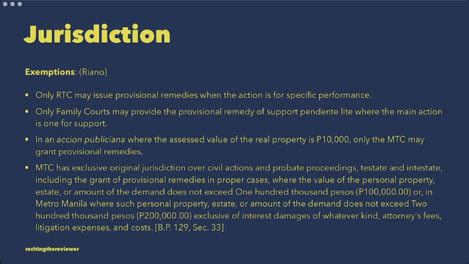In an accion publiciana where the assessed value of the real property is 10,000 pesos, only the MTC may grant provisional remedies because of the value of the real property.